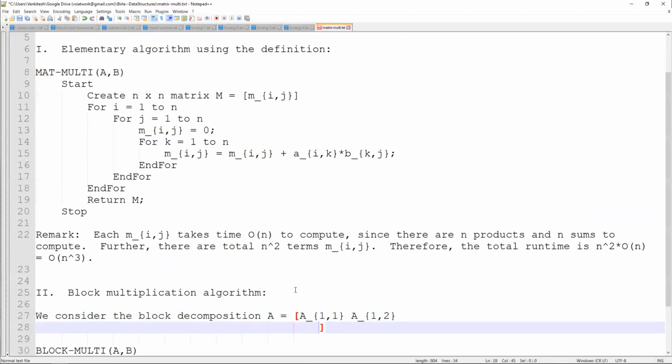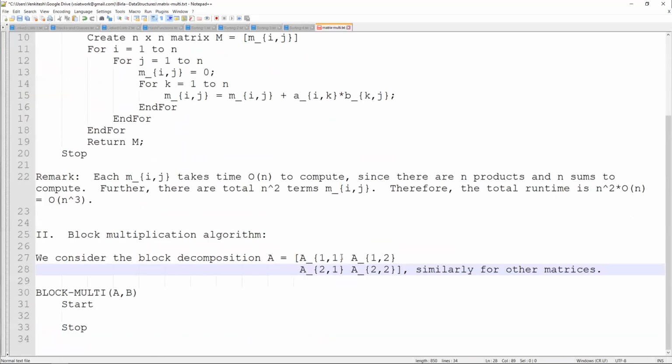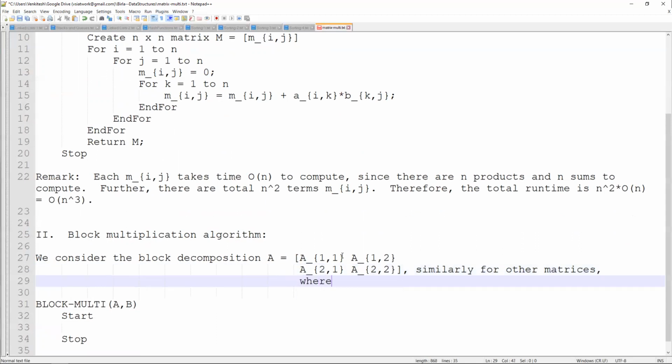Let me write A21, A22, right? Similarly for the other matrices. Okay, this is the notation where each of these blocks is an n by 2 cross n by 2 matrix. Each smaller block is an n by 2 cross n by 2 matrix, right? That is what we have.